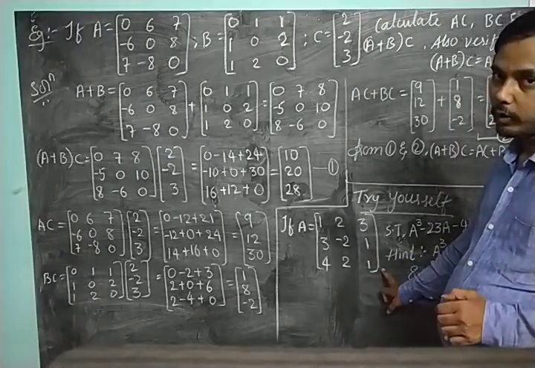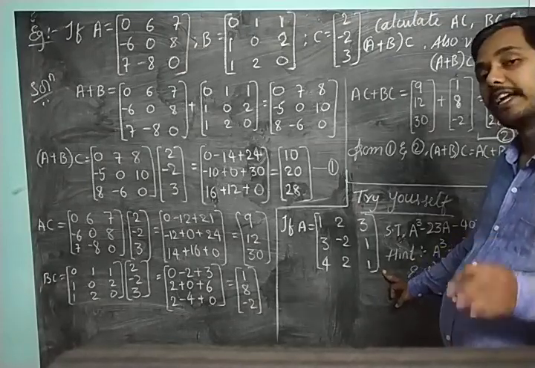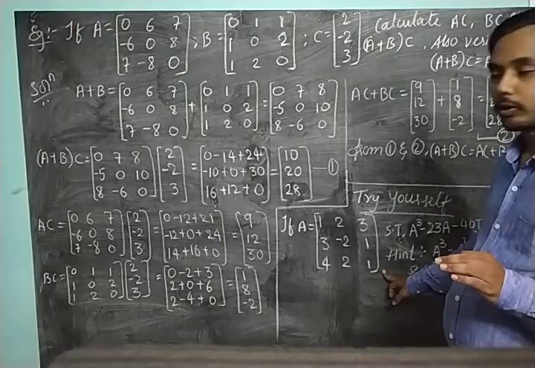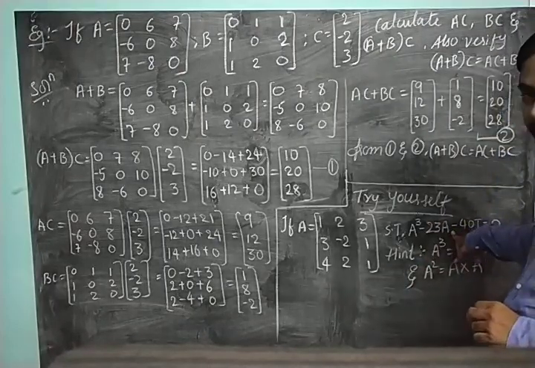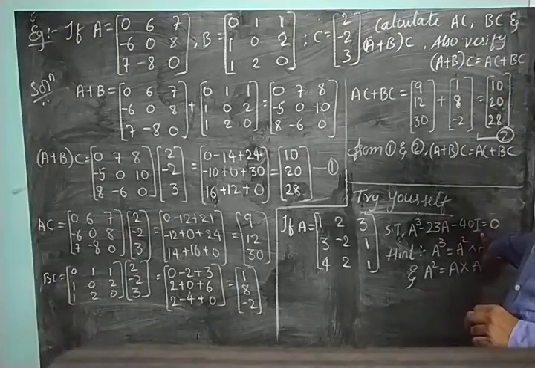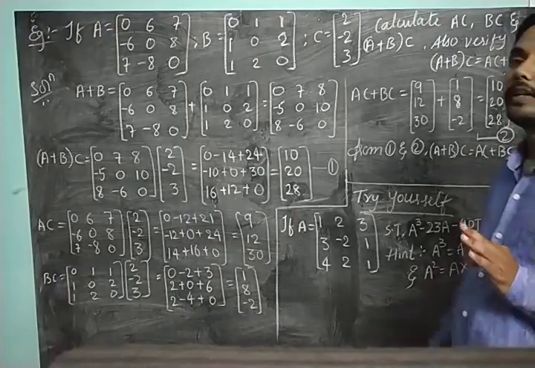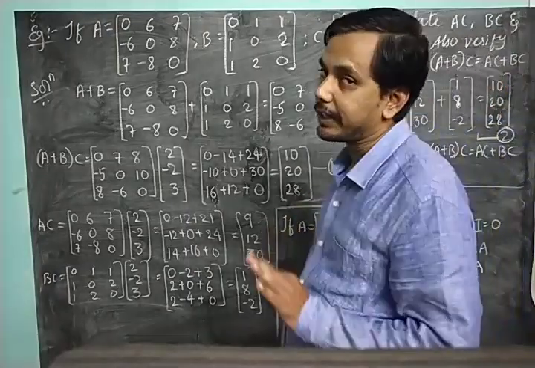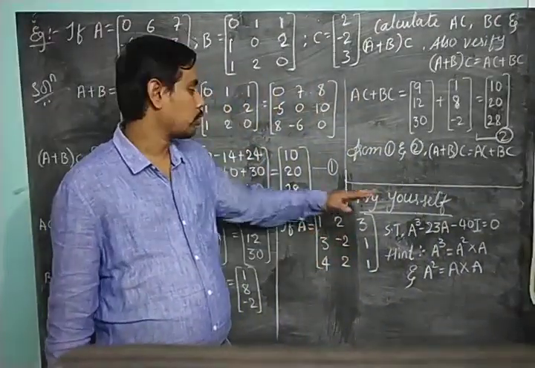A square also will be of order 3 cross 3, so A cube also will be of order 3 cross 3. 23A is also of order 3 cross 3. Minus 40I also should be of order 3 cross 3. That means whatever I you are taking should be the unit matrix of order 3 cross 3. So with this information you can solve this one.